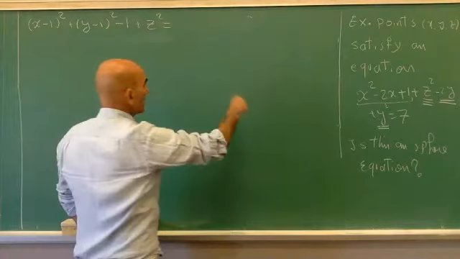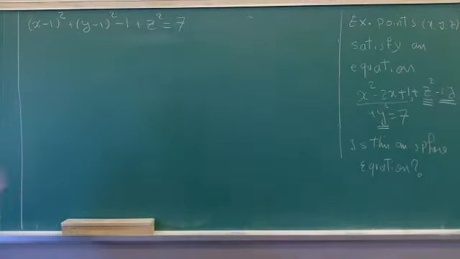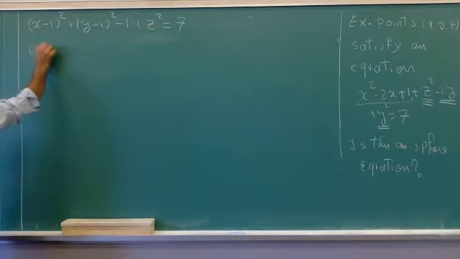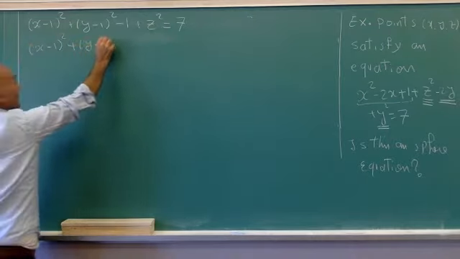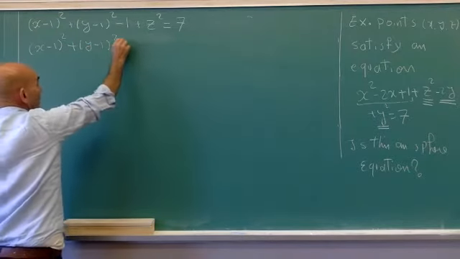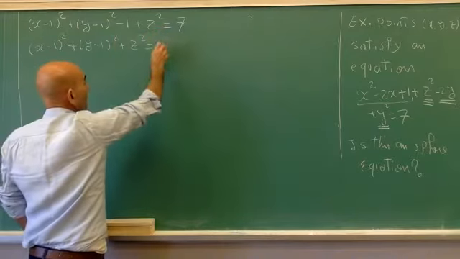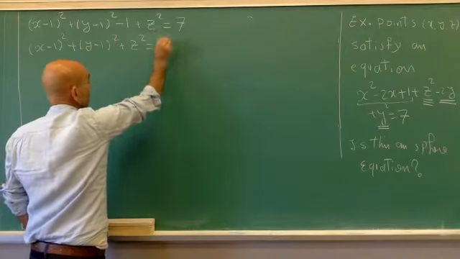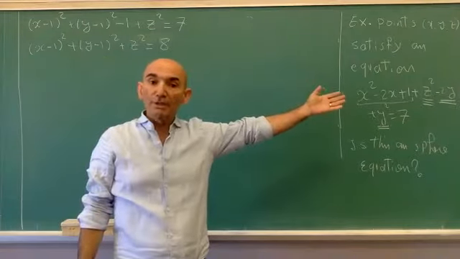Now the right hand side is 7, right? So now this is x minus 1 squared plus y minus 1 squared plus z squared. Now this minus 1 goes over there, so this becomes 8. So this is exactly of the form that we discussed, right?